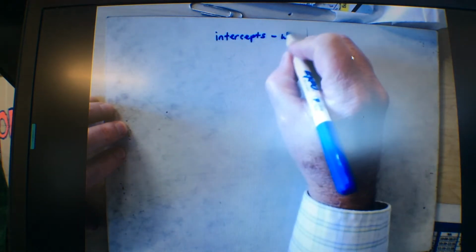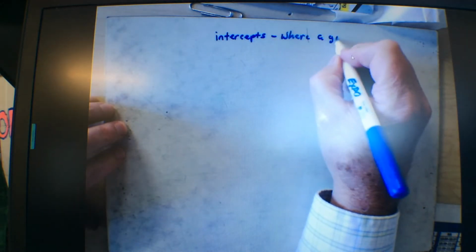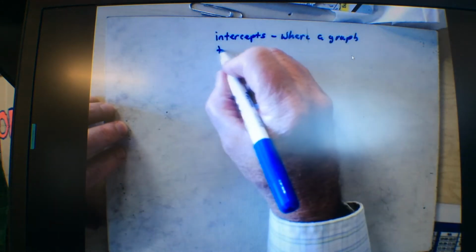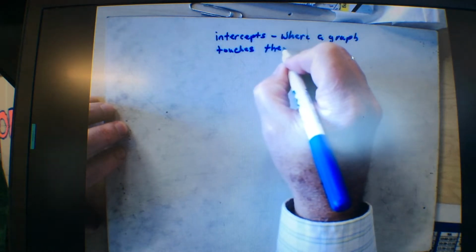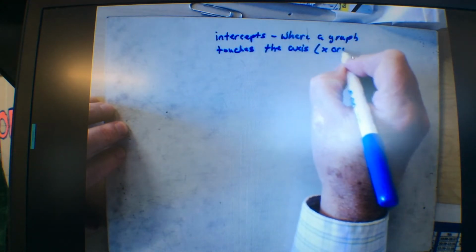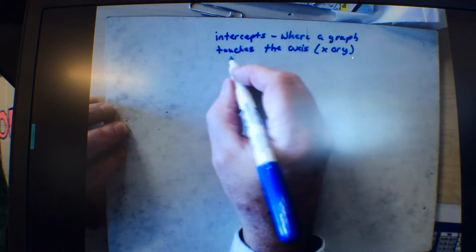Intercepts are where a graph touches the axis, x or y. So we have an x-intercept and we have a y-intercept.